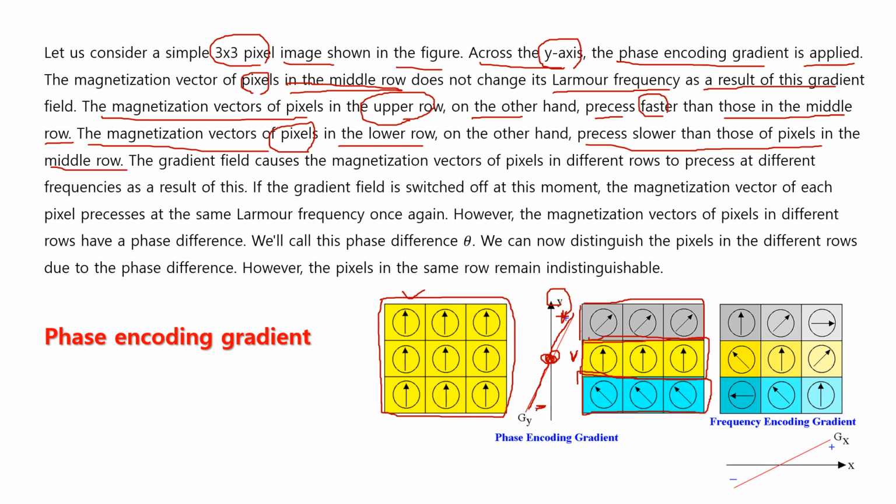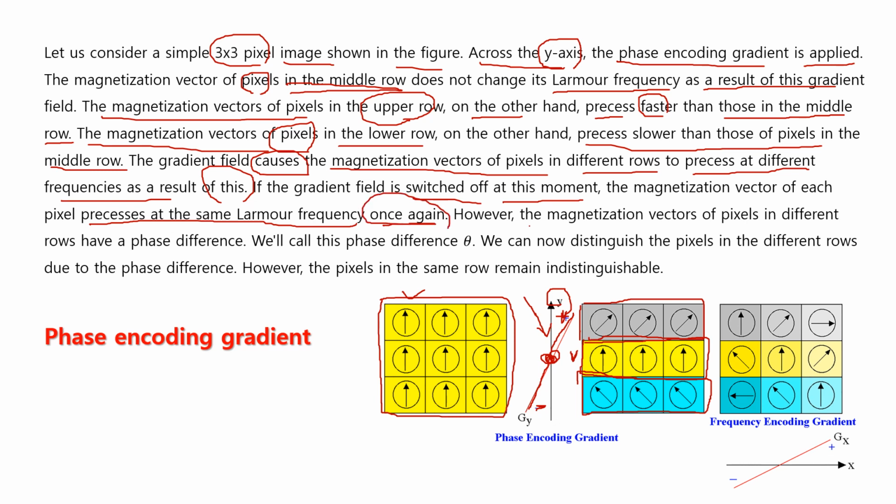The gradient field causes the magnetization vectors of pixels in different rows to precess at different frequencies as a result of this field. If the gradient field is switched off at this moment, the magnetization vector of each pixel precesses at the same Larmor frequency once again.